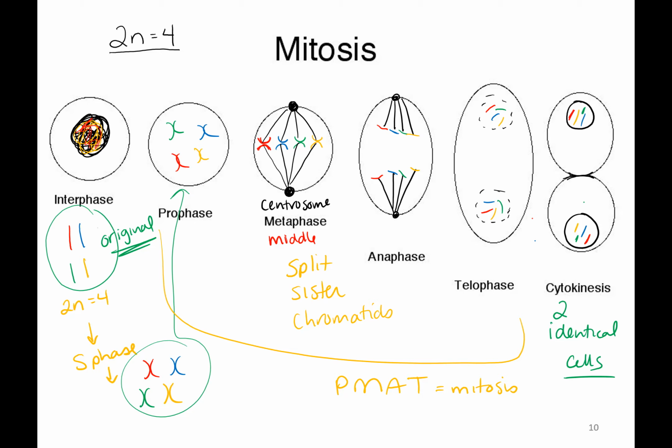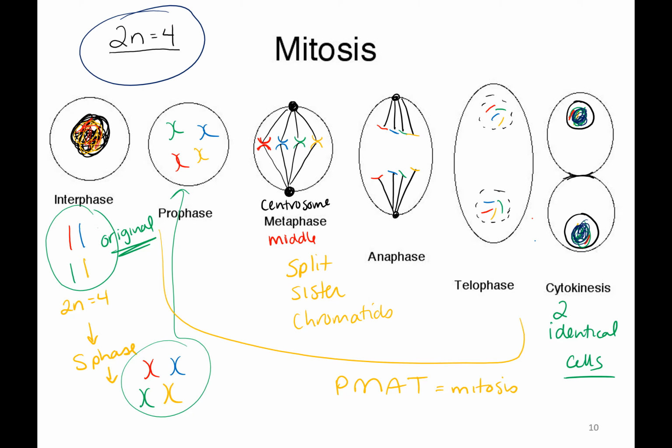And yes, they'll start to decondense and look like squiggles. Color them however you want, squiggle, squiggle, squiggle, and they'll look like a mush. But I drew them because I wanted you to understand that we've made two identical cells. That's mitosis. You need to practice understanding the 2n number that I give you, and you need to practice drawing these phases.